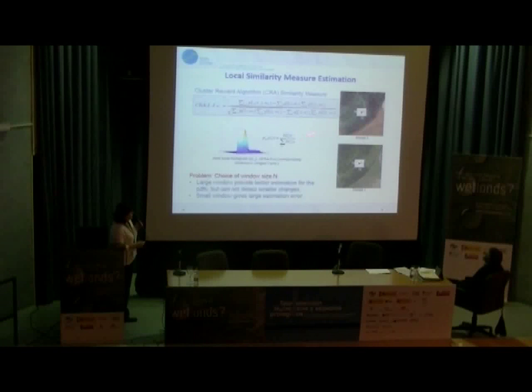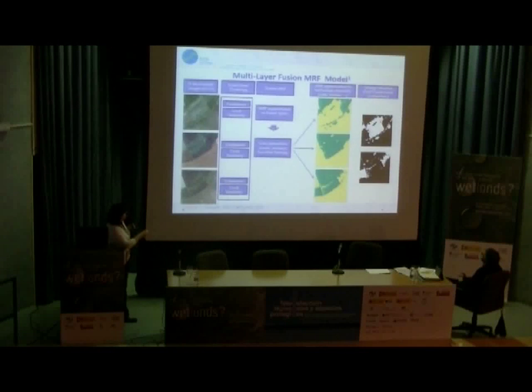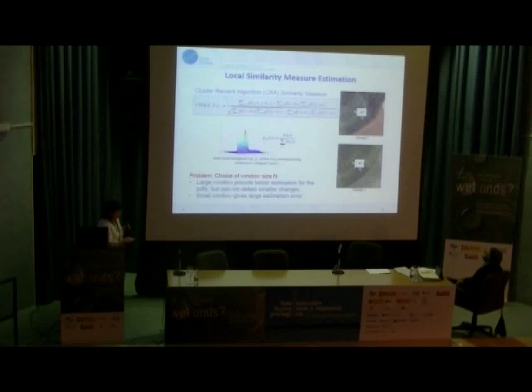Now, as I mentioned before in the previous model, in particular we use what we call local similarity between two images. At each pixel we calculate the local similarity between each pair of images. And because we are dealing with multimodal images, we cannot use local similarity based on intensity values.